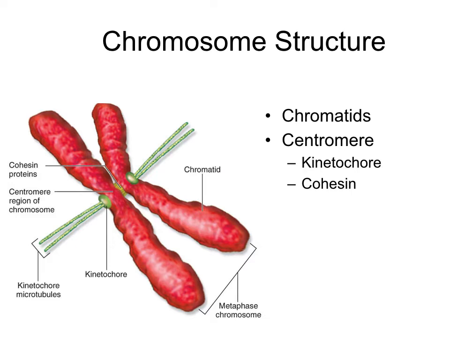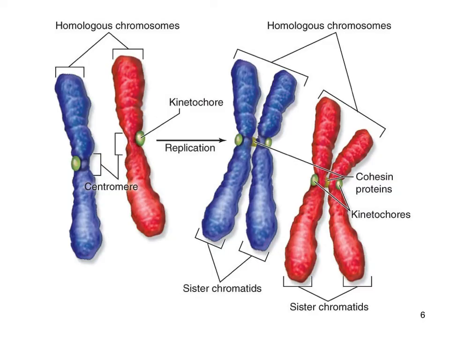The duplicated molecules of DNA are held together by a centromere. There's a certain set of proteins called cohesins that hold this together, and then this structure has microtubules called kinetochores attached to it. Chromosomes will have versions of chromosome 1 from each parent, from the father and from the mother.